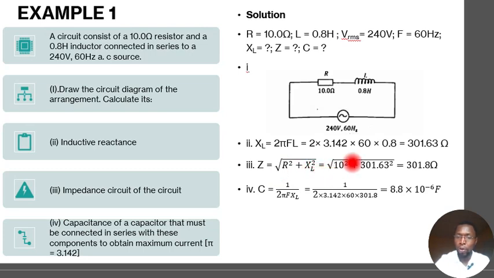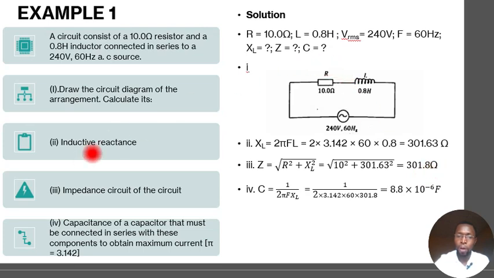Our resistance is already known to be 10, so it's 10 squared plus, we've calculated our inductive reactance to be 301.63, squared as well. When we simplify and find the square root, we have our impedance to be 301.8 ohms.